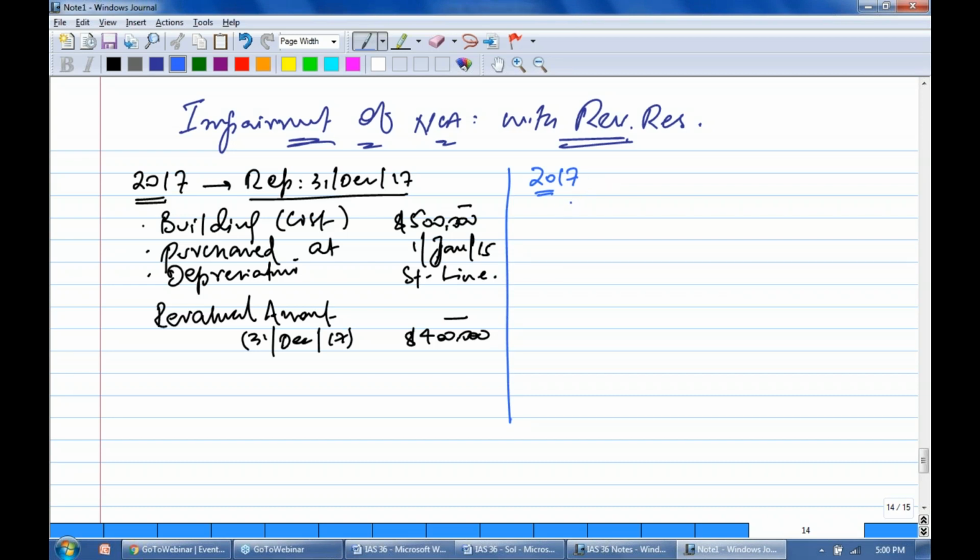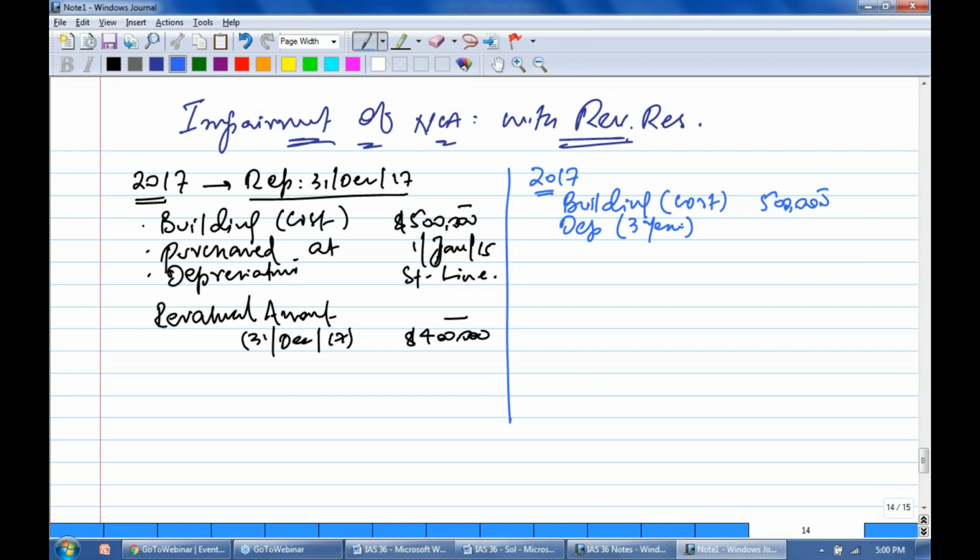So we will work out like this. Building cost 500,000. Depreciation for 3 years on a straight line basis.